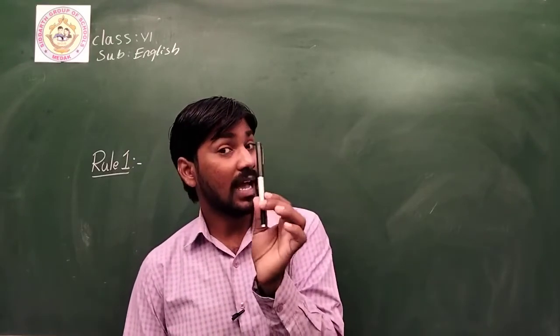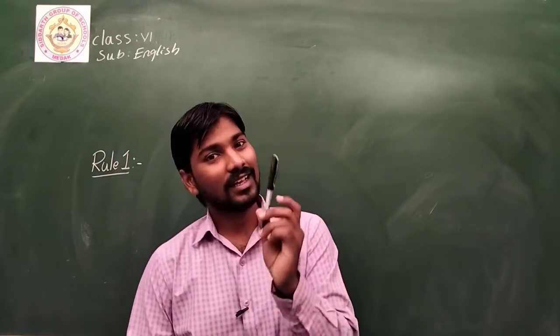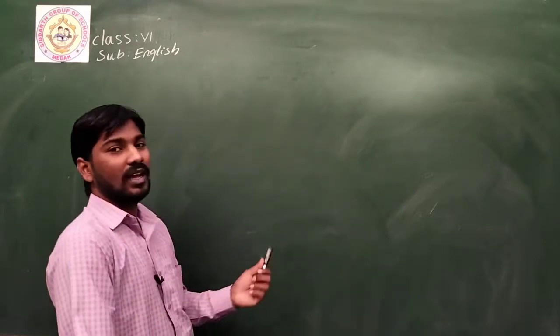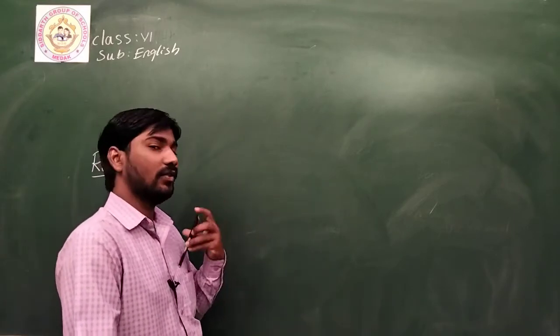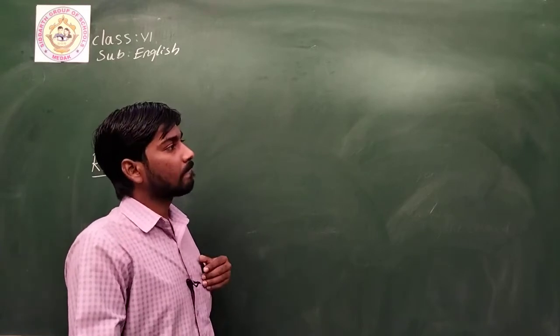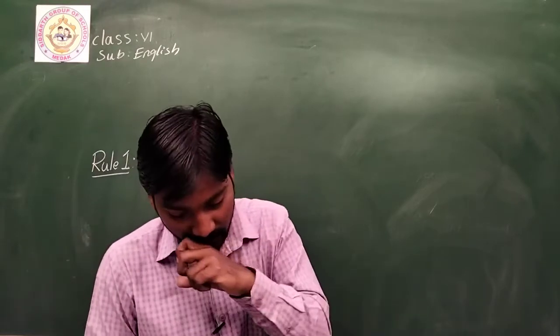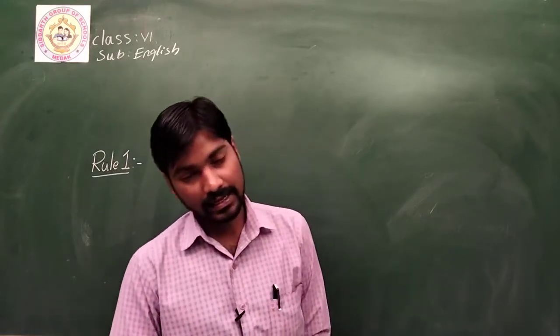Pen. What will we say? A pen. Why? Because we can count it. Single count. A board or the green board. That is why we use that. I will teach you the third rule. Second rule: a or an will be used before a single countable noun.